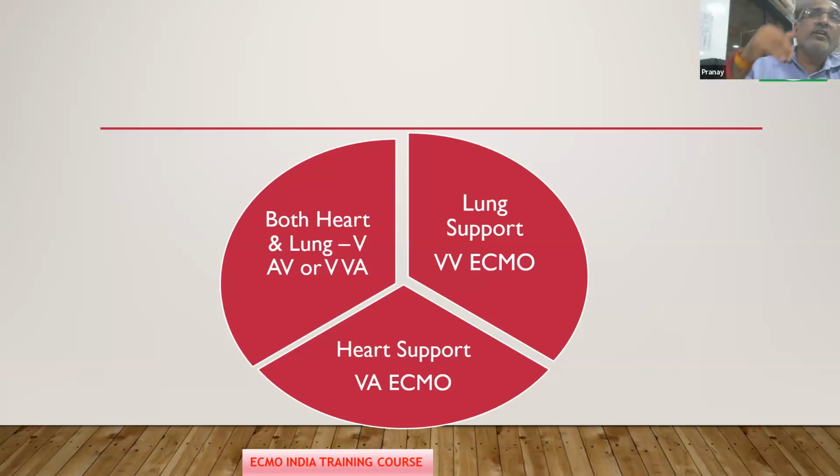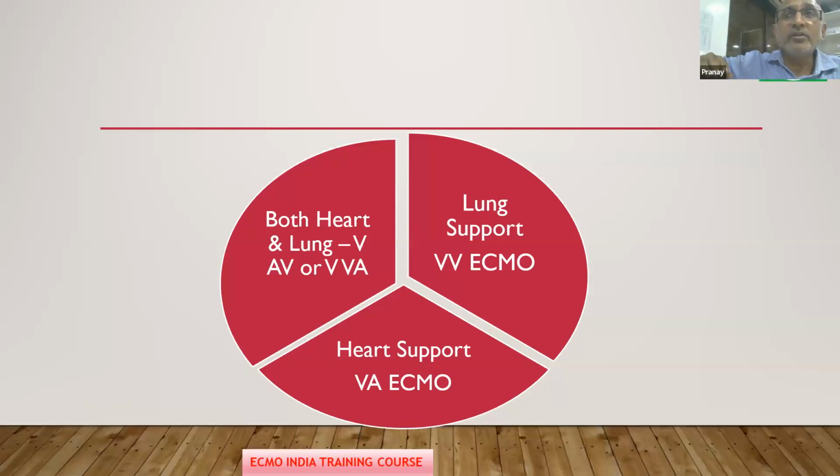Now I'll just simplify it. Suppose a person has dilated cardiomyopathy and his ejection fraction is 25%, and now he develops ARDS. He comes to you with ARDS, a very low PF ratio, type 2 respiratory failure, respiratory acidosis, moderate inotropic support, and ejection fraction 25. Now, this patient requires only lung support, because an ejection fraction of 25 is an old story.